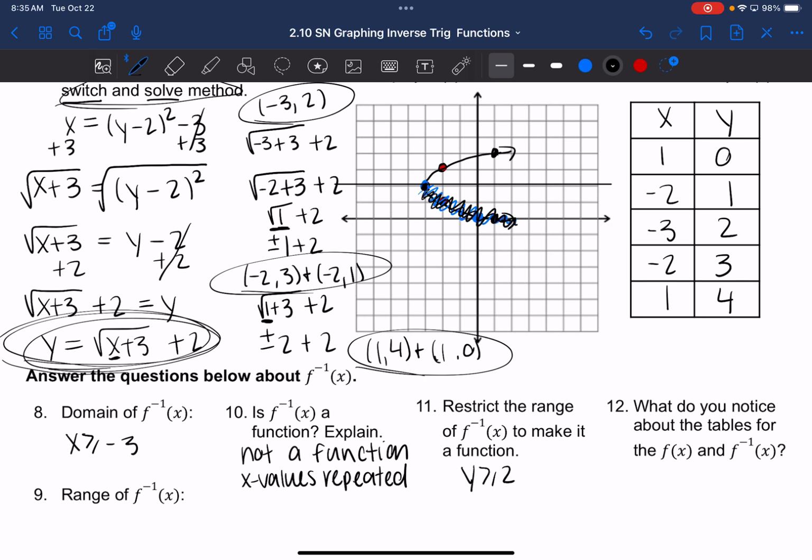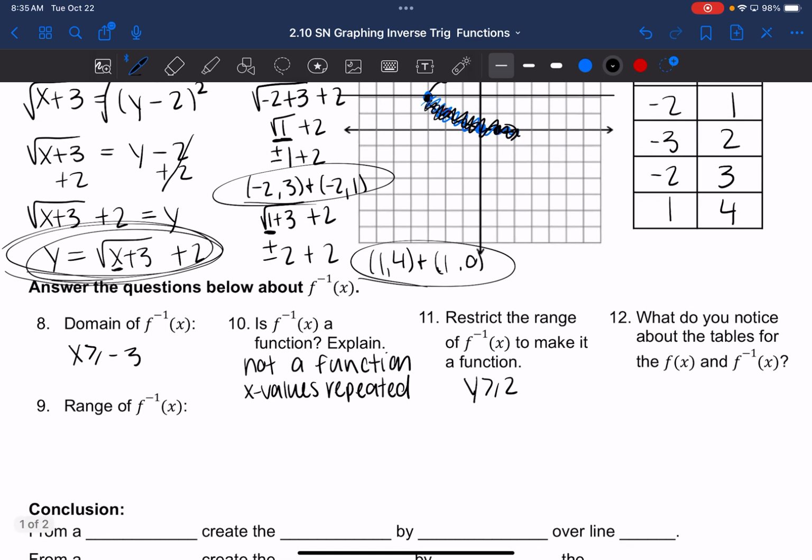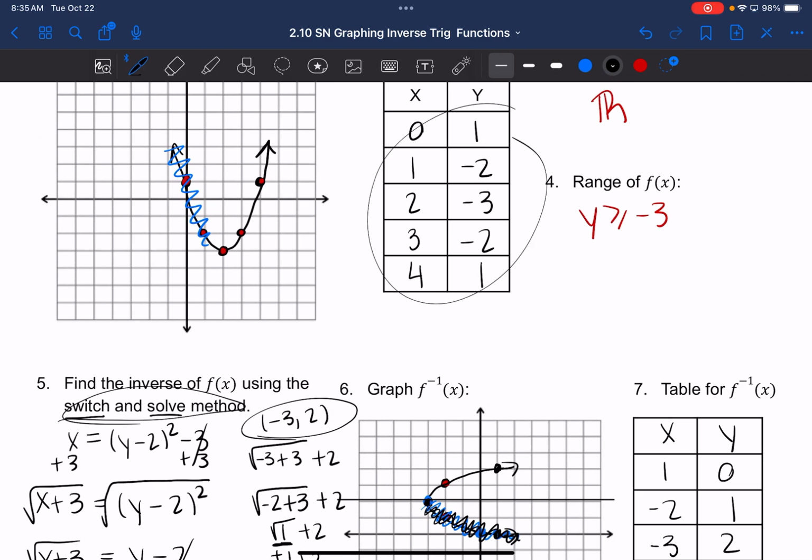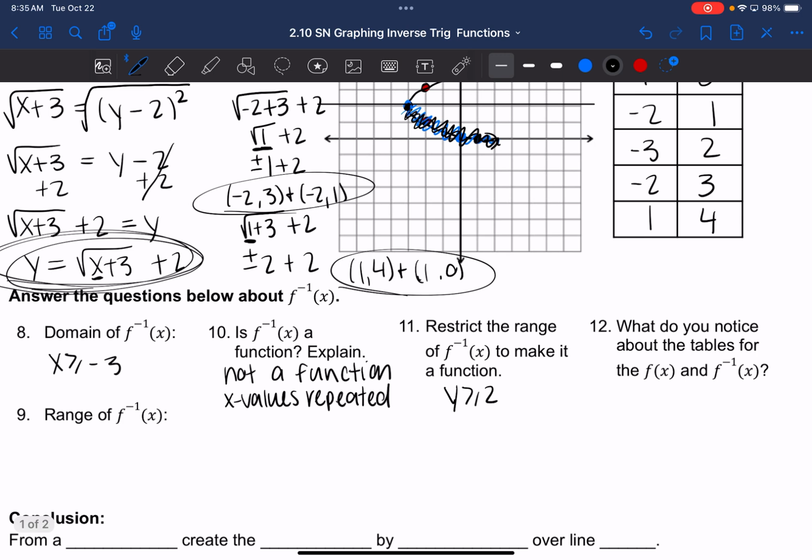Okay, because we got rid of that bottom half there from the function. Okay? And then like you guys said, when I asked you what did you notice about the tables, you said the x and y values just switched from this table up here to this one down here. So x and y values are switched.